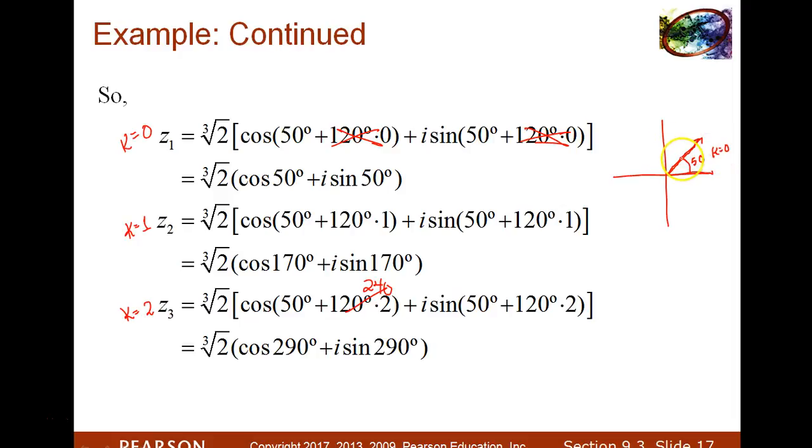My next one starts here, but goes another 50 degrees. And so I only want 3 slices. So I cut this slice first. I add on 120, and I wind up at the 170, so I'm going to be down here. This is when k is equal to 1.